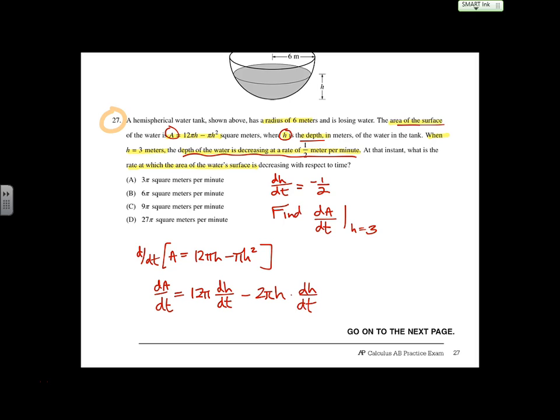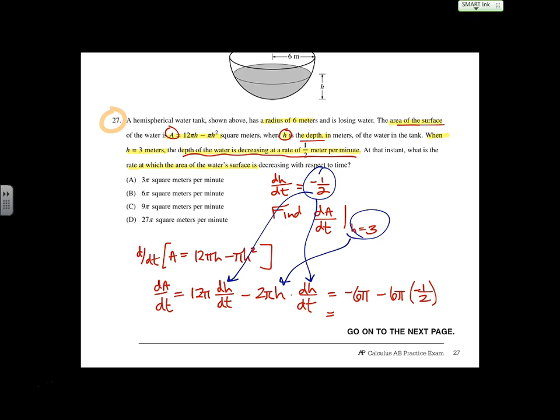And then what is this that we need to do now? Plug it in. We get negative 1/2 times 12 is negative 6 pi. Minus 2 pi times 3 is 6 pi, times negative 1/2.